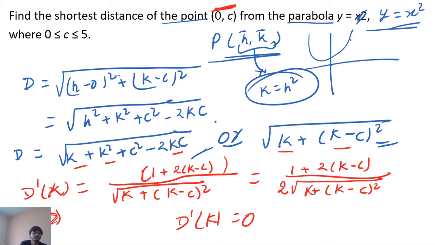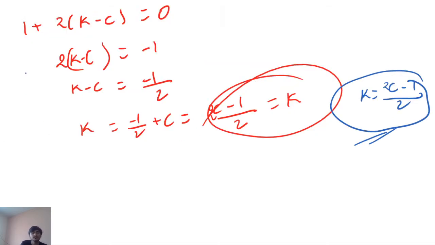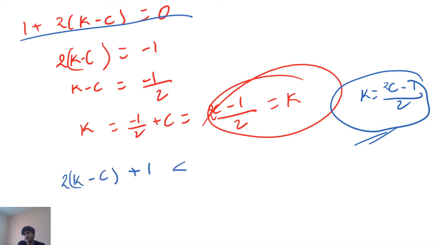Now if you observe this condition, if 2k minus c plus 1 is less than 0, then the total is negative, right?